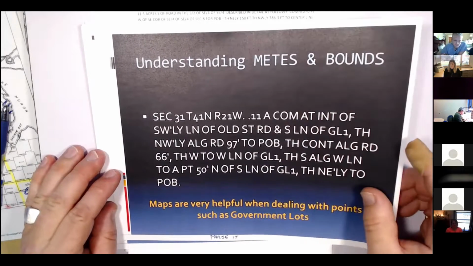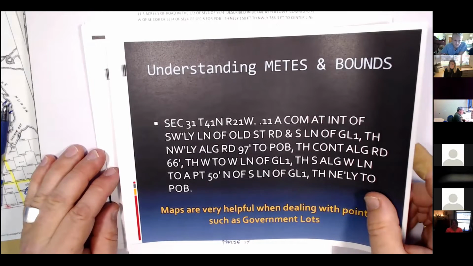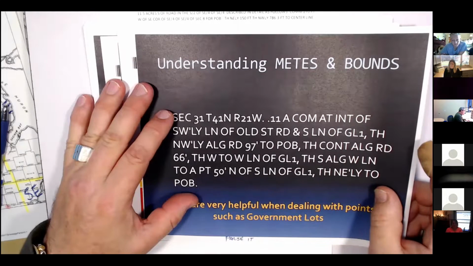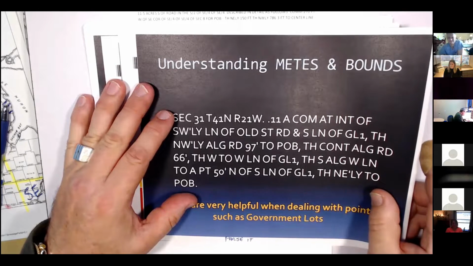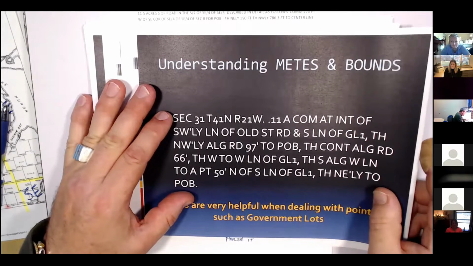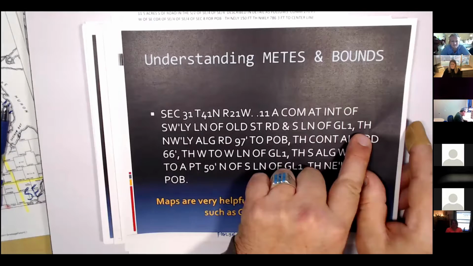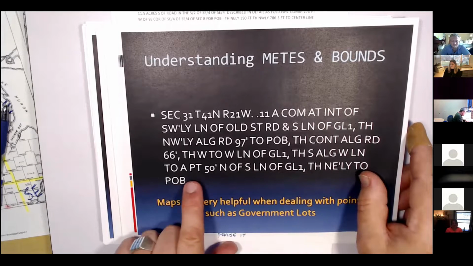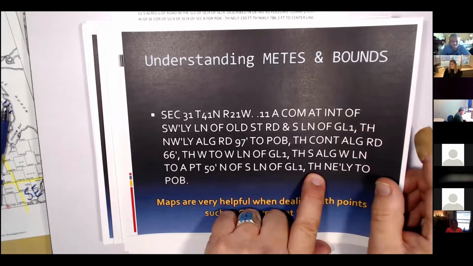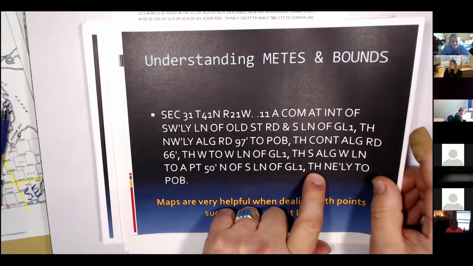The easiest way to deal with this is, if you have the ability to do so, get this copied into some kind of a word processing app, and then go through this, and every place you see the word "then," every time that you see "then," that's a different part of the description.